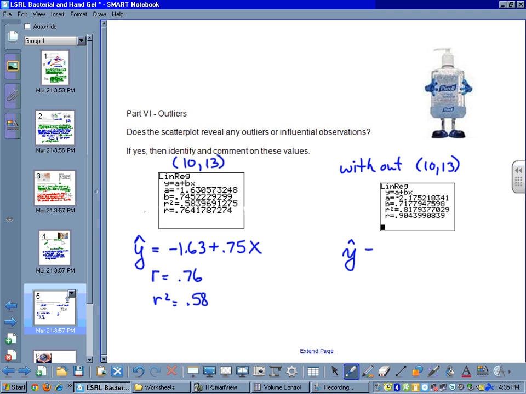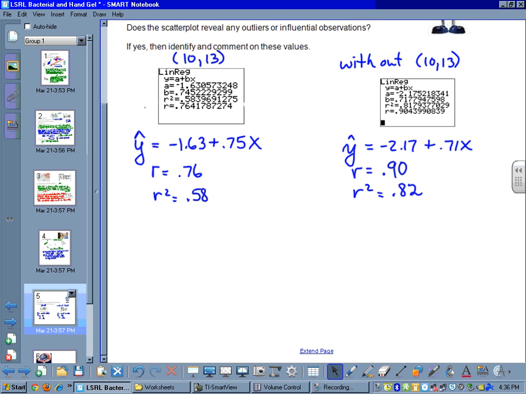My regression line is negative 2.17 plus 0.71x. So we can see that there's a little bit of difference in the intercept, but not very much difference at all in the slope, and the difference in the intercept isn't all that great. The R value goes to 0.904, however, that's a big jump. And the R squared value goes up to 0.82, so it becomes strengthened by quite a bit.